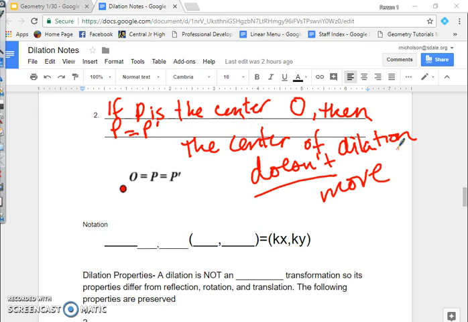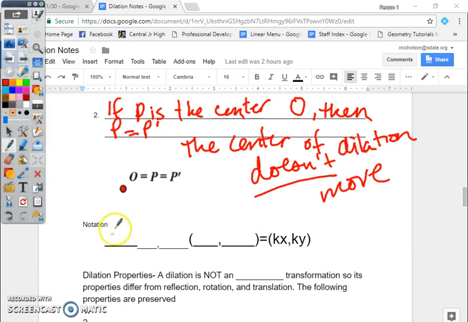What did we all start off with? There's something we put right here. What was it when it was a reflection? What was it when it was a rotation? What was it when it was a translation? So for dilation, what's it going to be?